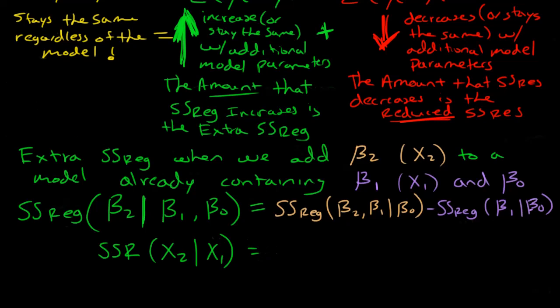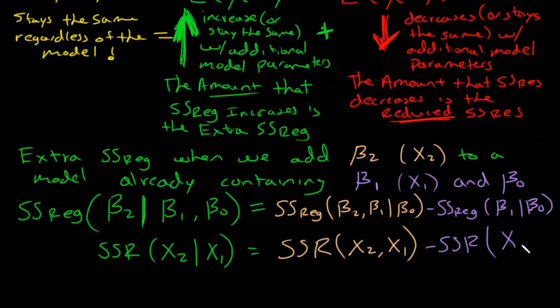So sum of squares regression, or SSR, of x2, x1 is a model that has both x2 and x1, just like it had both beta 2 and beta 1, minus the sum of squares regression for the model that only has x1, just like this one only has beta 1. Same thing.